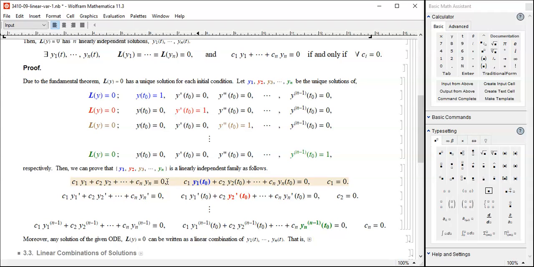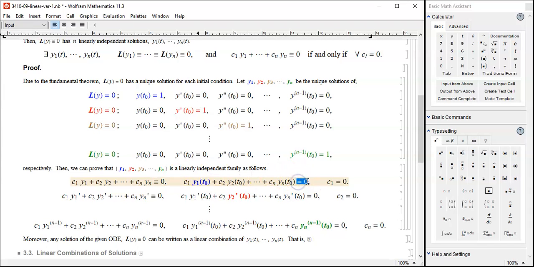And that means it is constantly equal to 0, so I can plug in any t value. Which t value shall I select? I'm selecting t0. So directly plug in t0. Then, of course, it is equal to 0, because this is constantly equal to 0.